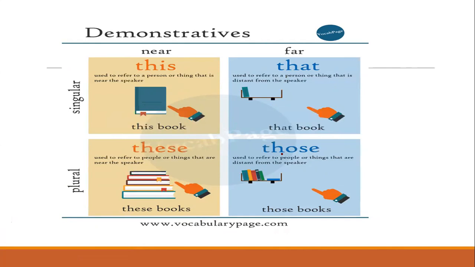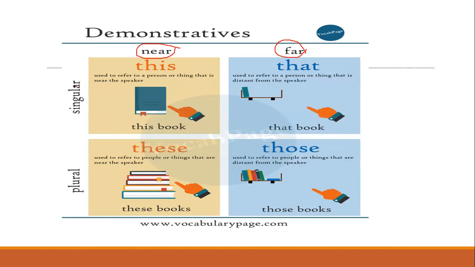Now I'm going to split it into two. Here we have the word near, and here we have the word far. Previously, I mentioned that near refers to short distance and far refers to long distance.